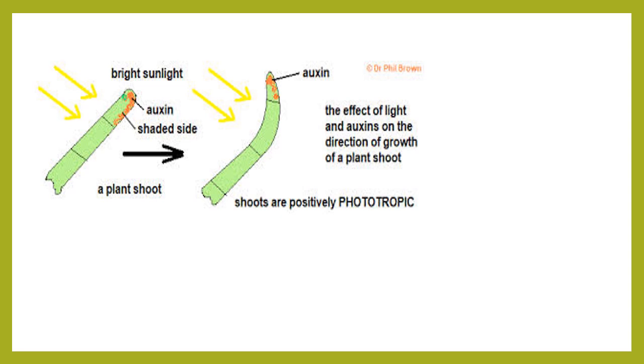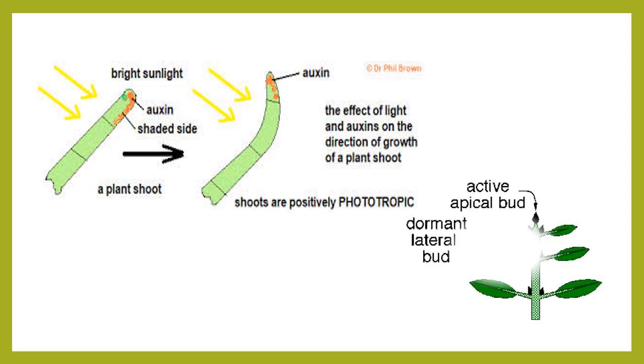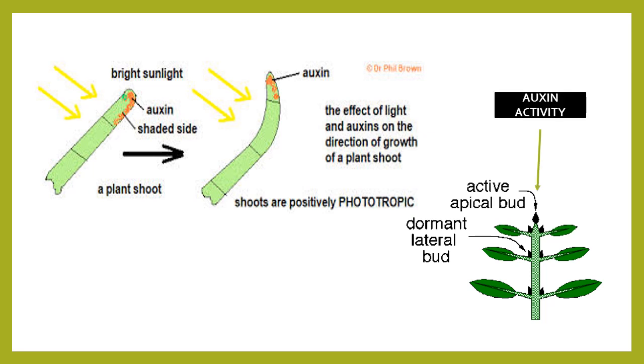Fine. Let me explain with another diagram. In this active apical bud, you can see this part grows by the auxin. Here auxin will work more away from the sunlight. As a whole, the stem will elongate.